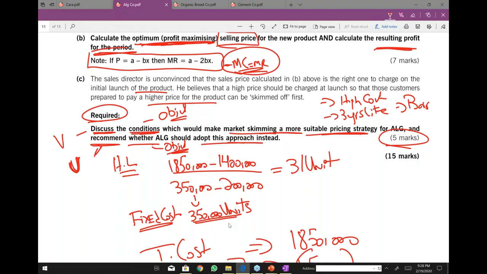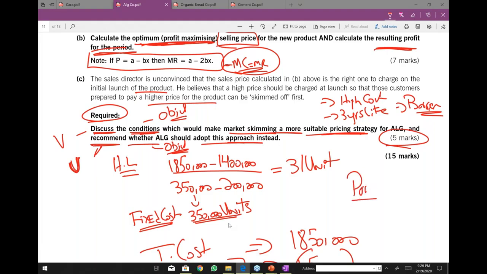So yes, it seems that for this product, ALG can use a skimming strategy. It seems to a greater extent that the company can use a skimming strategy here. Agreed, guys? So you have to discuss this in paragraph form.